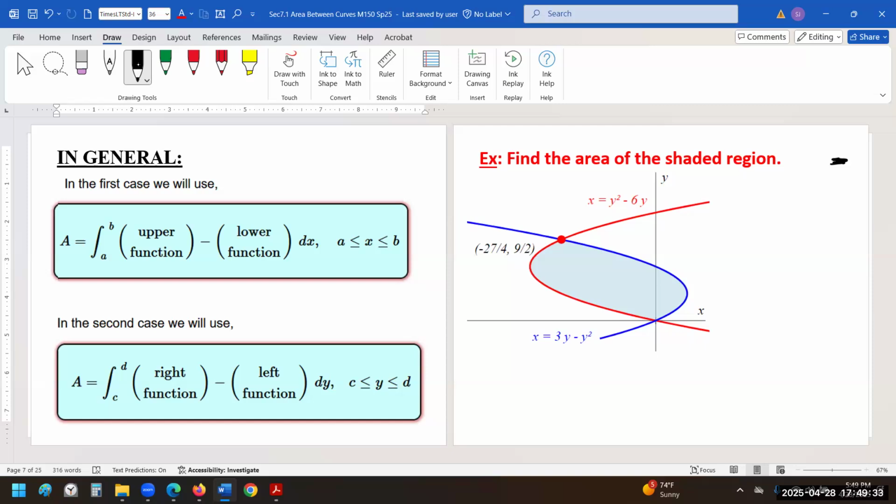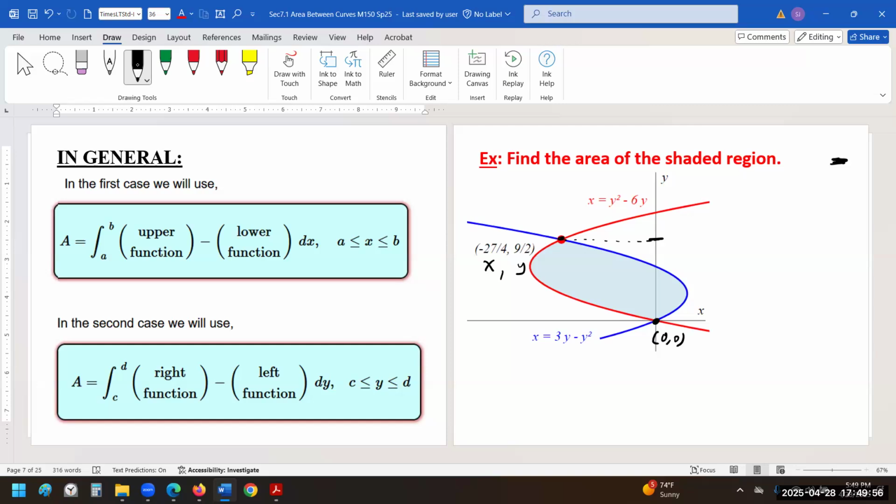Sometimes they look so much alike. And they gave us 2 points. One is here, (0, 0). And there is another point here where x is negative 27.4 and y is 9.5.